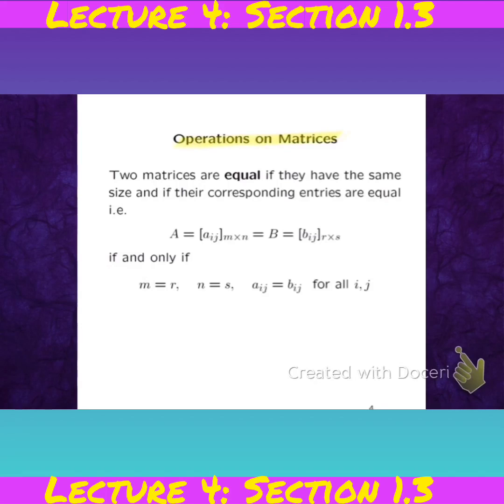So for now, we say that two matrices are equal if they have the same size, so they have to be the same size for them to be comparable, and if their corresponding entries are all equal. Okay, and what that means, we say a matrix A is equal to a matrix B when both have the same size, right? So the number of rows is the same, and then they have the same number of columns.